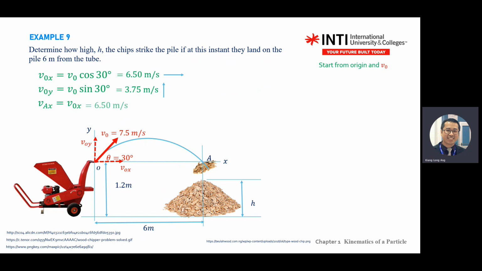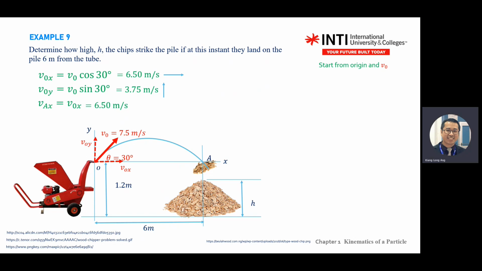Then recall that this is the initial and this is the final location that we are interested in. From the derivation of the equations, again, in the test or exam you need to derive the six equations, 3 for the vertical, 3 for the horizontal. Derive those first, then only you come to solve the question.